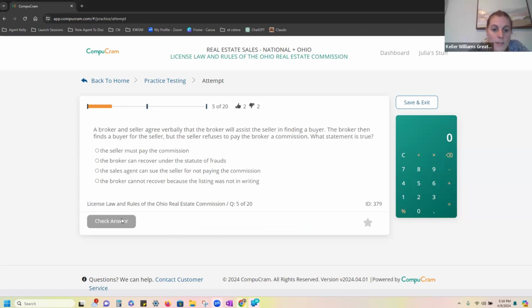A broker and seller agree verbally that the broker will assist the seller in finding a buyer. The broker then finds a buyer for the seller, but the seller refuses to pay the broker a commission. Which statement is true? A, the seller must pay the commission. B, the broker can recover under the statute of frauds. C, the sales agent can sue the seller for not paying the commission.